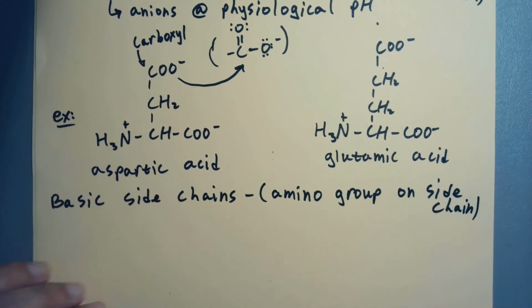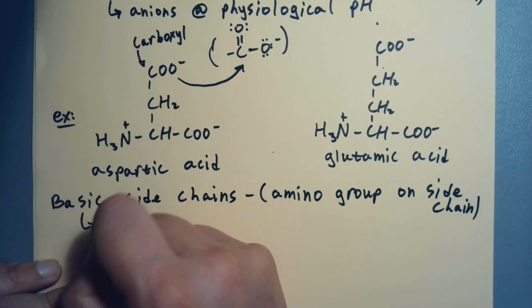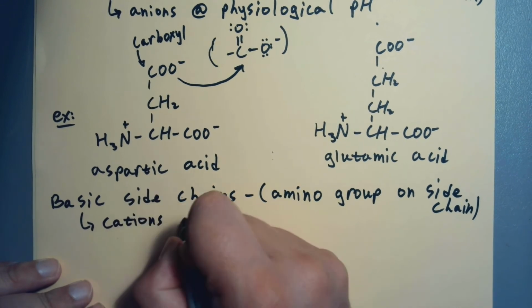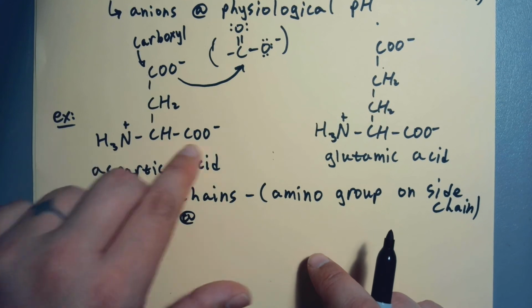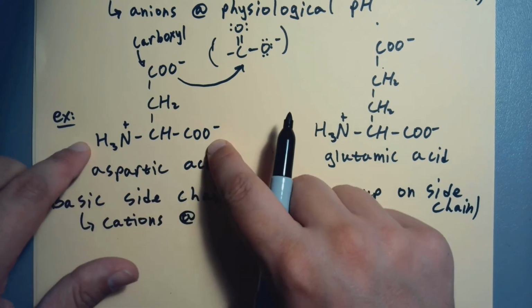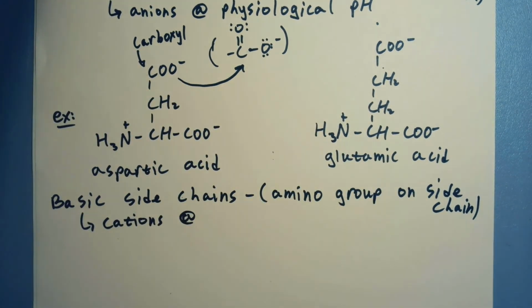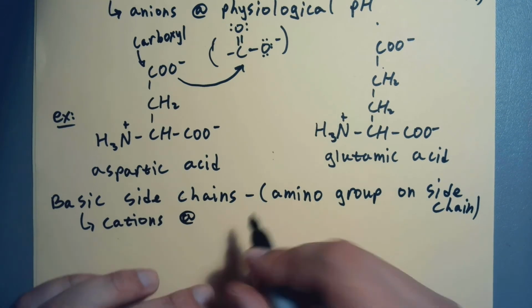Okay? And so these are going to be cations at physiological pH, because that's what we've seen here. So we've already seen it a bunch. So all we're doing is taking this trend and we're moving them up here. That's all we're doing. We're moving them to the side chain.